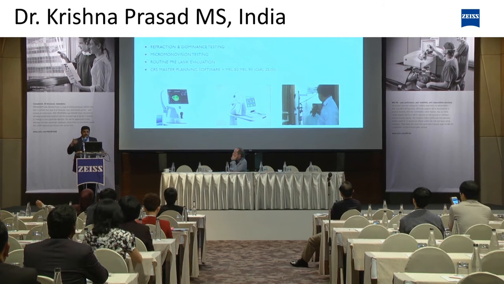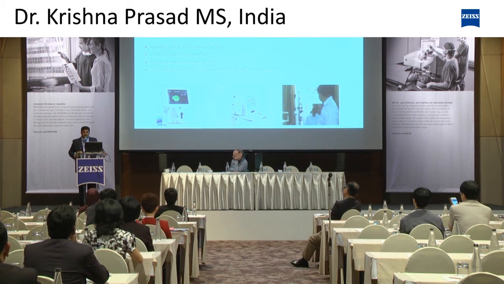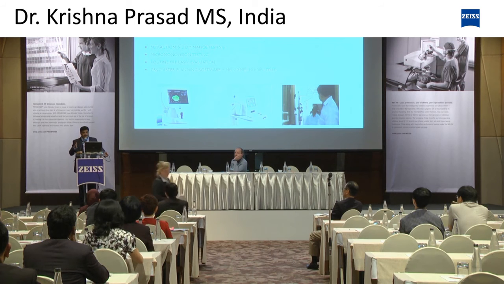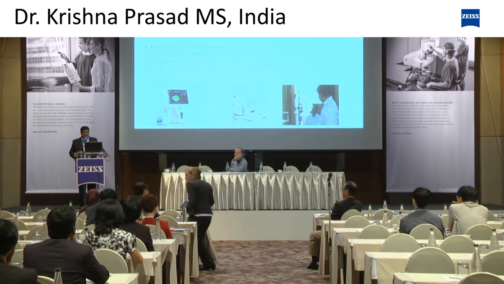So how will you do the micromonovision testing after knowing the dominant eye? For the non-dominant eye, you add 1.5 diopters, then open both eyes, and you tell the patient to see for distance, whether the patient can see for distance and near vision. Some of the patients really complain of cross blur.